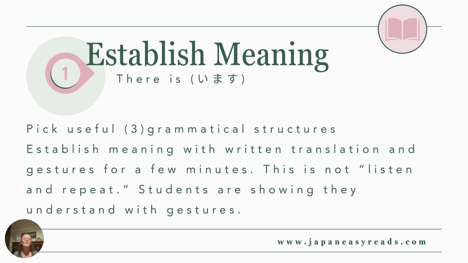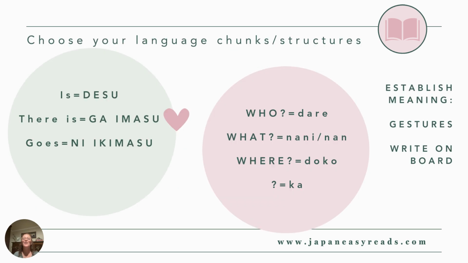Students are showing their understanding with the gestures. So let's see, I'm going to jump into that. There we go. So you choose your language structures or chunks. So no more than 3. In this case, we'll use des, ga imasu, ni ikimasu.